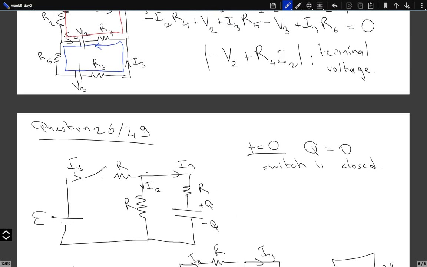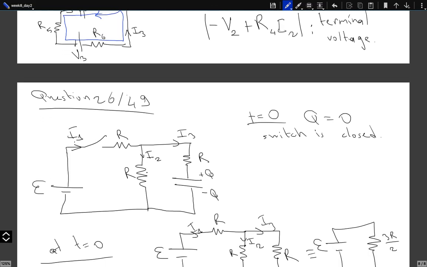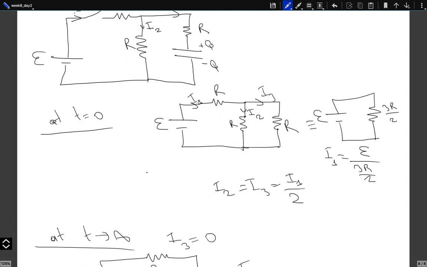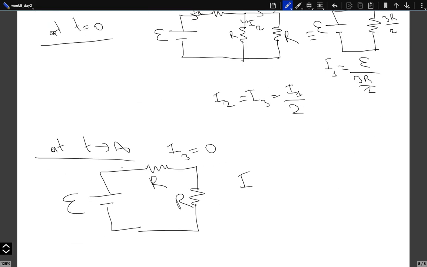This is I1. Well, I3 is 0. If I3 is 0, I1 and I2 are equal. This is I1. This is I2. I1 is equal to I2, which is equal to epsilon over 2R.